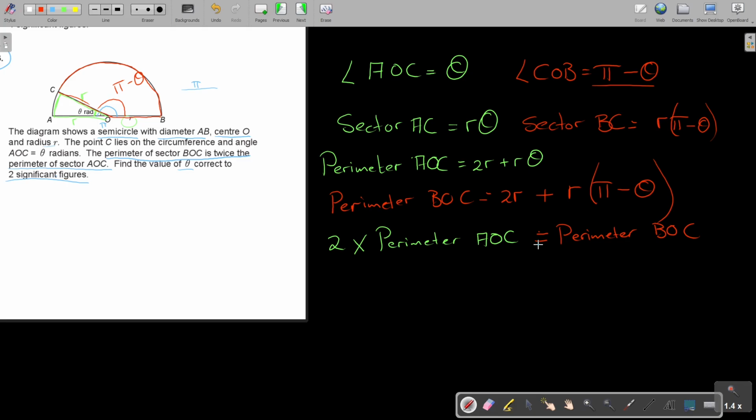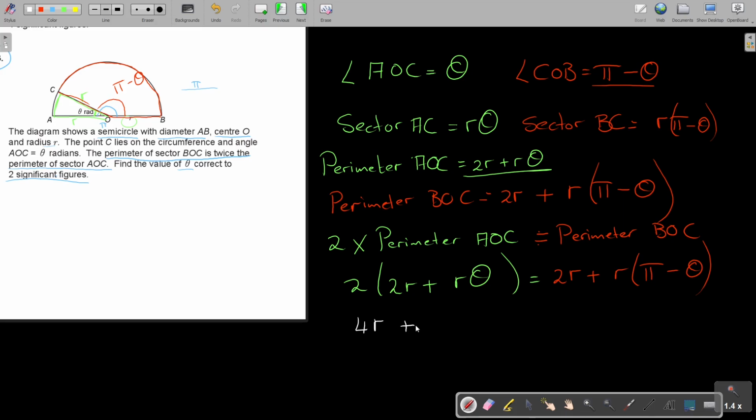So now I'm just going to say 2 times that green, 2R plus R theta, equals the red, 2R plus R times pi minus theta. Okay. Now I'm just going to work it out. So it's going to be 4R plus 2R theta equals 2R plus R pi minus R theta.